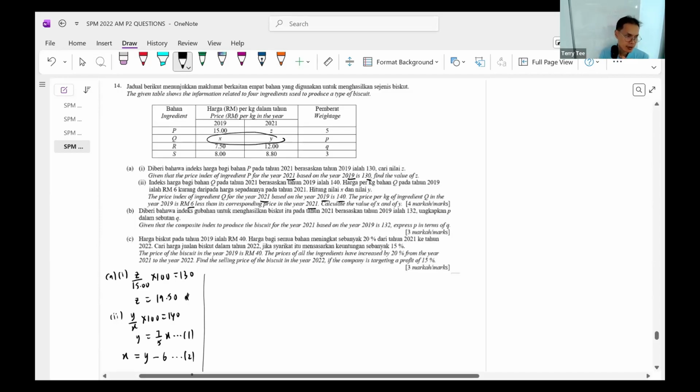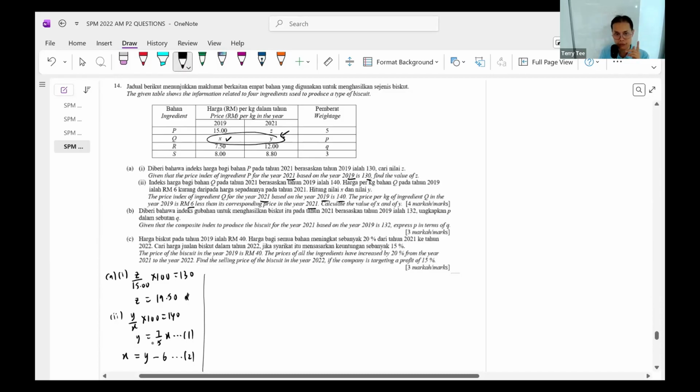How do you know where to minus and where to plus? Should I say Y minus X equals 6? Because Y is bigger, X is smaller. So we just use X equals Y minus 6. Whatever the price of Y, you minus 6 ringgit, you get the price of X.